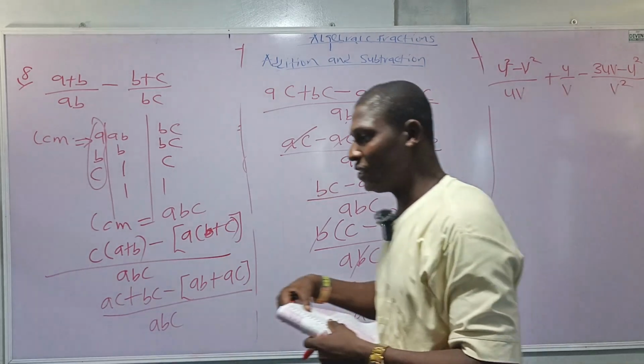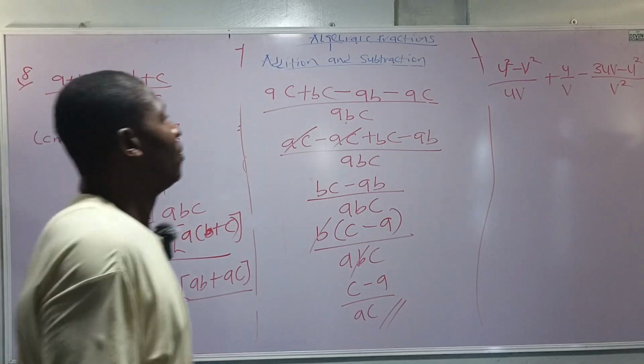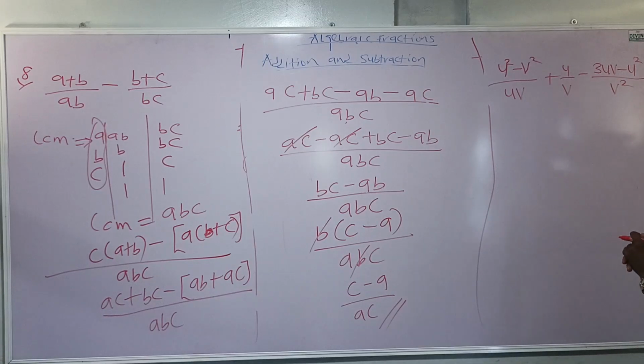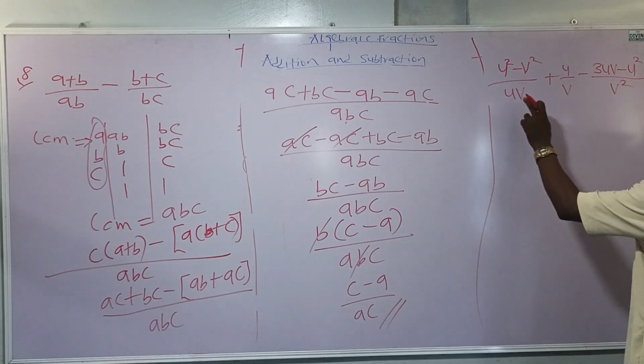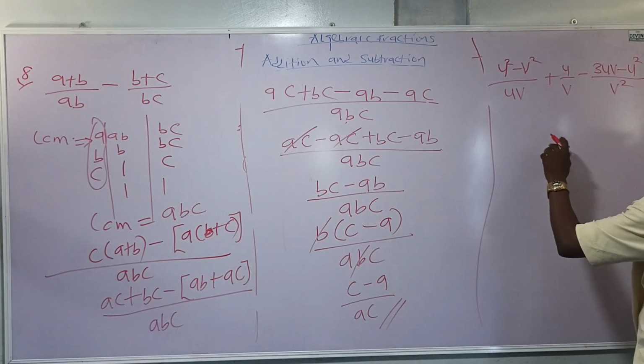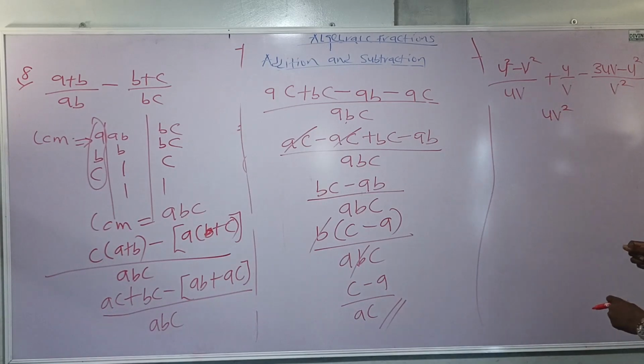How are we to solve this? We have 3 terms. First thing again, we must take our LCM. We have uv, v, and v square. So our LCM should be uv square. You can make your verification.